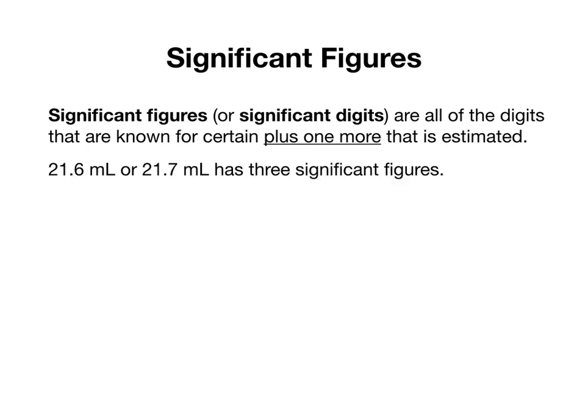If we had looked at that volume and said we think it's 21.6 or 21.7, we would be certain of the 21. We knew that it was between 21 and 22. So these two digits we know for sure. This is our estimate.